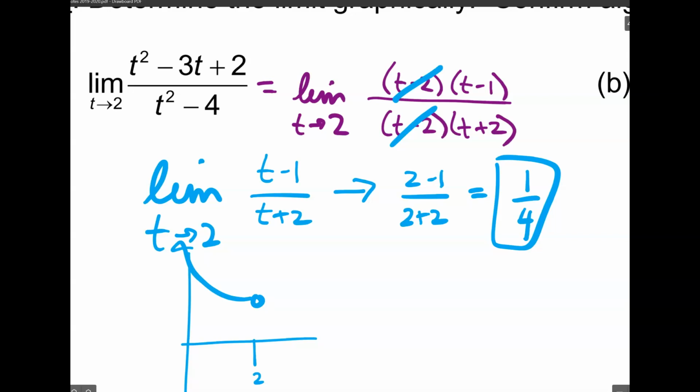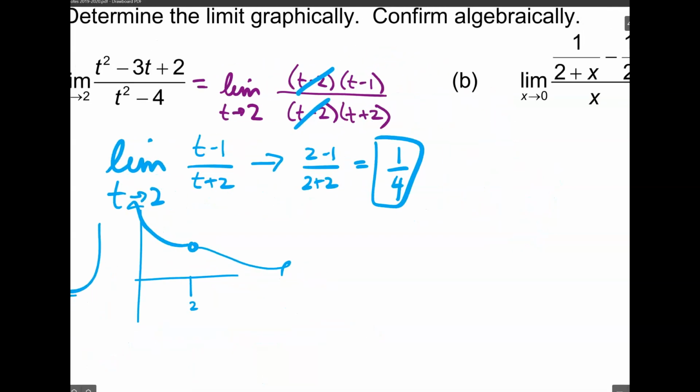If I zoom in, there's a little discontinuity. I'm approaching the same number from both sides. I have a limit, but I don't actually have a function value.